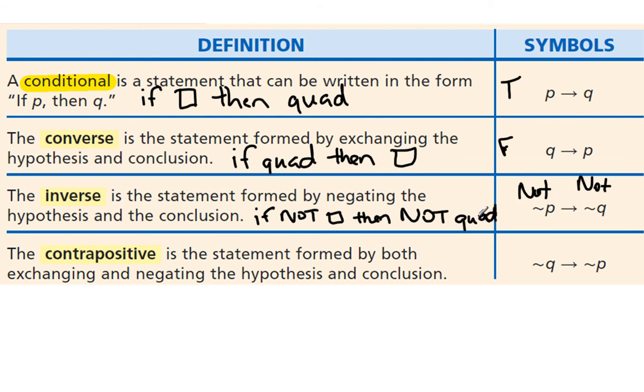And is that true? If a shape is not a square, then it's not a quadrilateral. So think about that for a second.